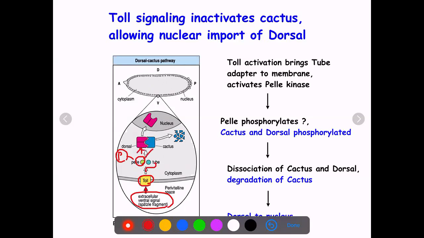So it will act on dorsal and cactus first. When cactus is phosphorylated, it will be degraded like this. So dorsal will be released, and then it will jump into the nucleus. That's what we call translocation.